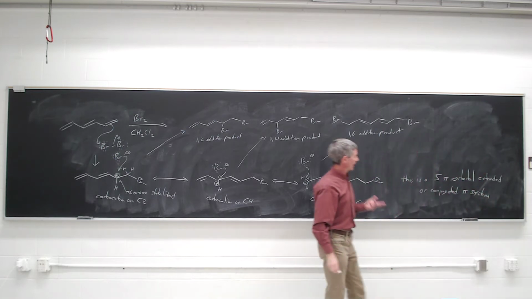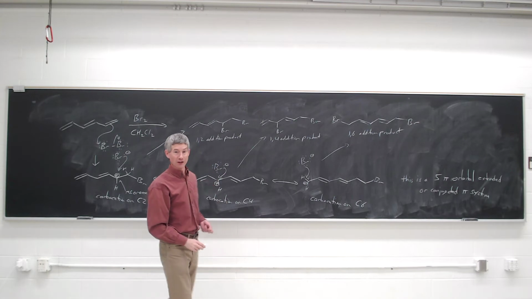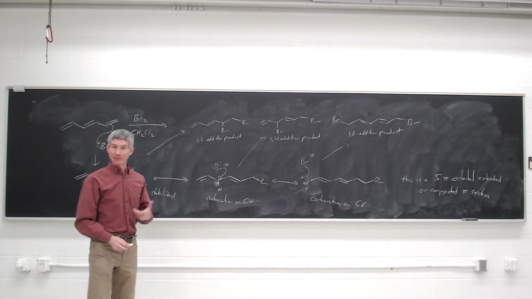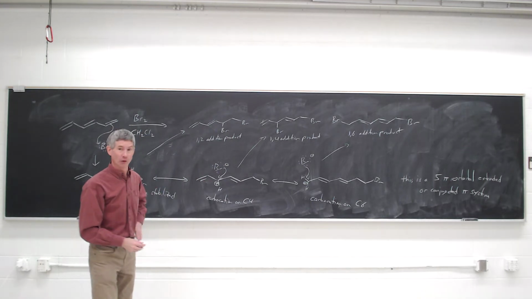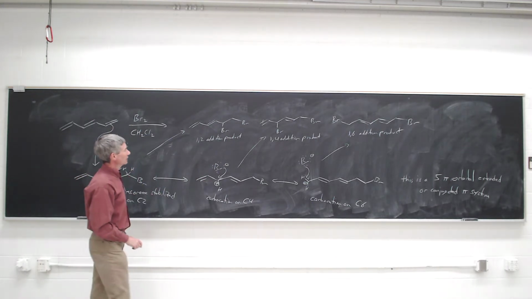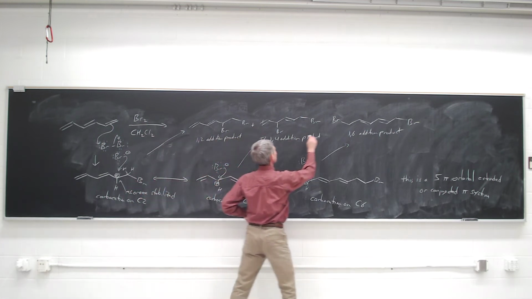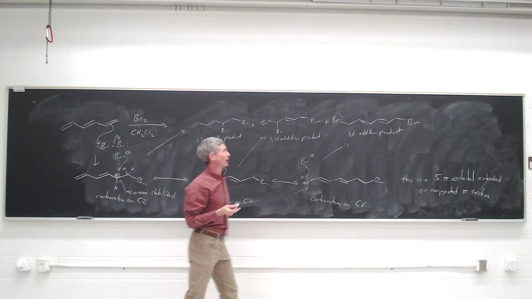And we refer to that as either an extended pi system or a conjugated pi system. And we can draw the orbital energy diagram and sketch the orbitals for that 5 pi orbital system, which we will review shortly. For now, we want to consider the likely ratio of products.